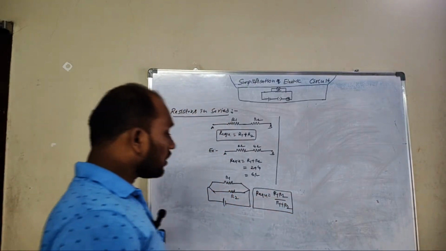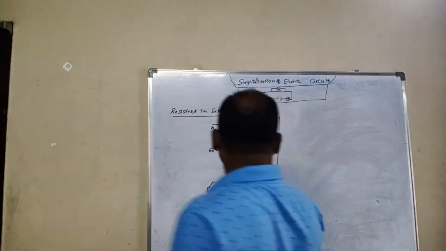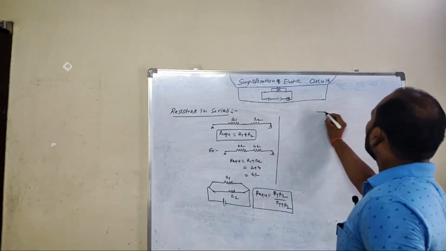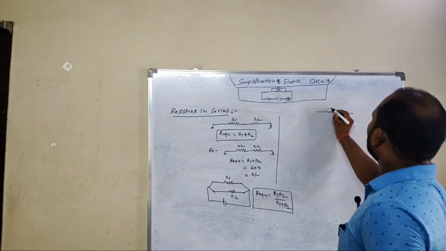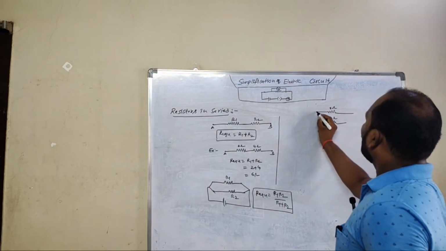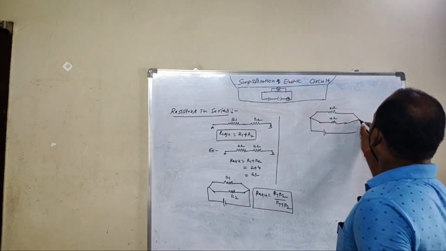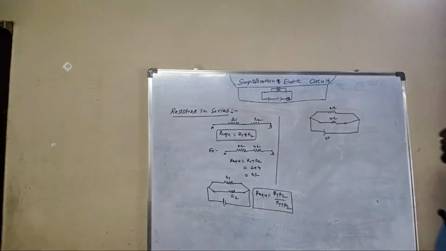Another piece of knowledge is required. Let's take the same example here. This one is 2 ohms and this one is 4 ohms, and let us say we connect it with a 5 volts battery.